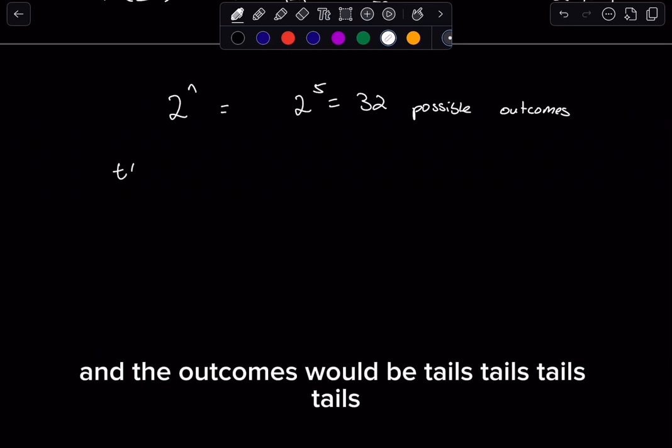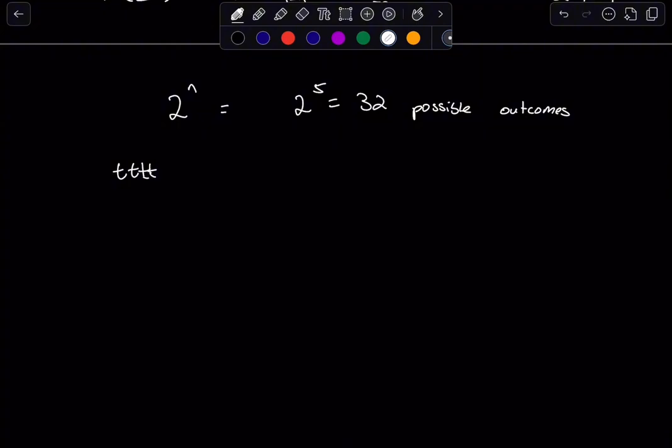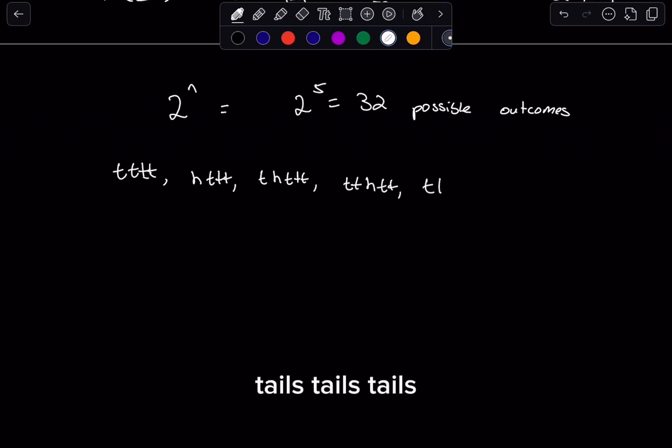And the outcomes would be tails, tails, tails, tails, heads, then tails, tails, tails, heads, tails, tails, tails, tails, tails, heads, tails, and tails, tails, tails, heads.